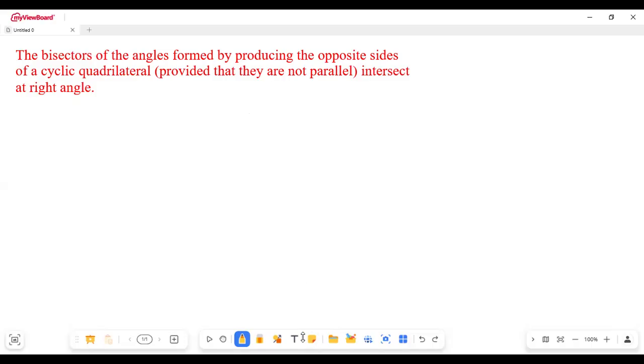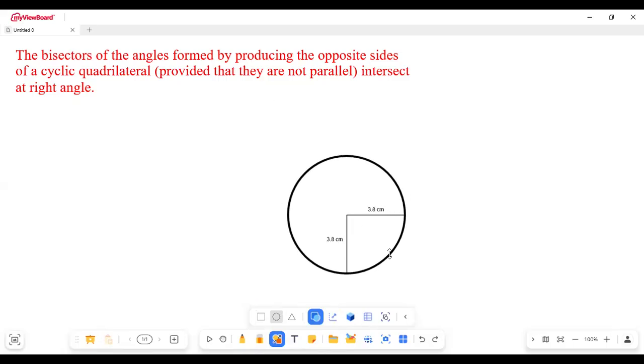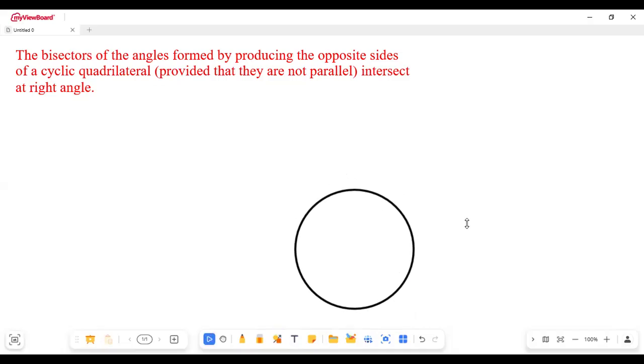Starting with the circle, this is our basic circle.